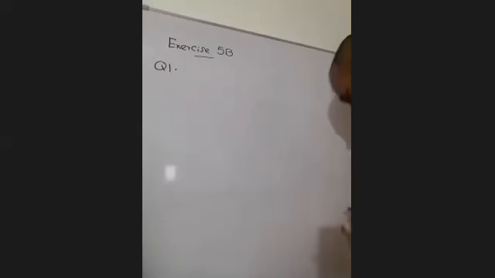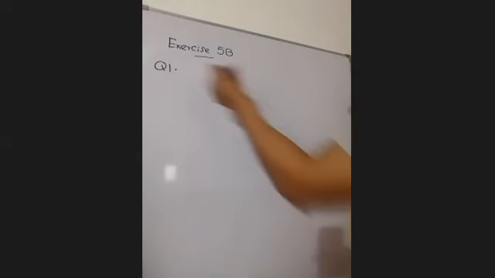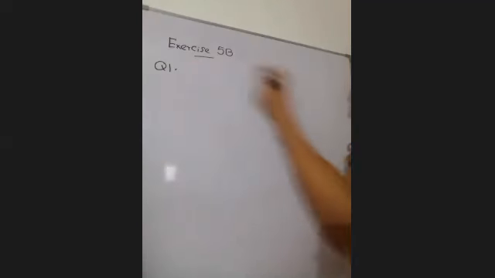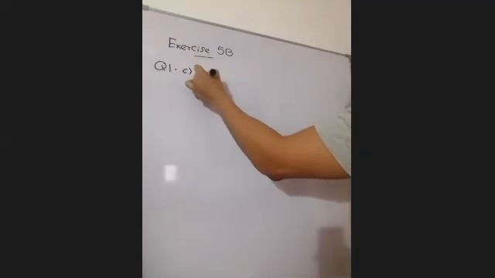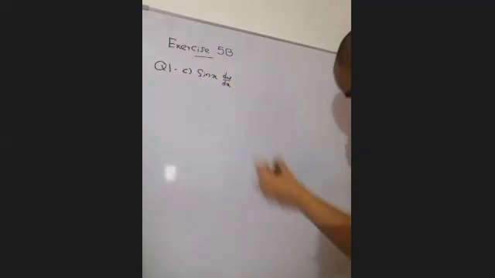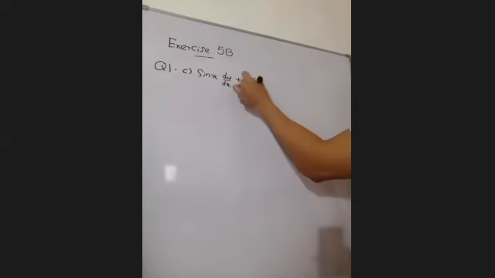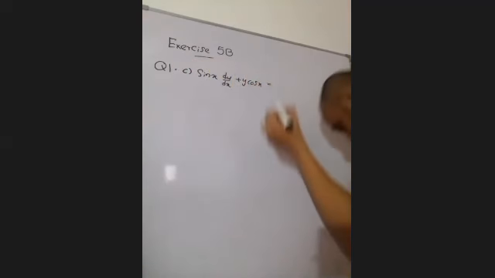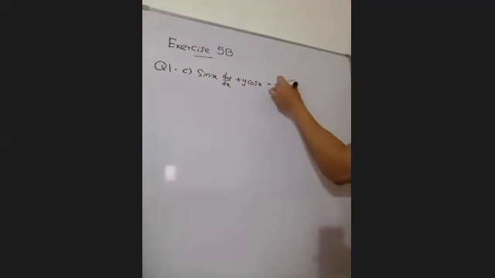Yes. Then the next thing is, I'll just do only one question today. I'll just take question number C. That is sin x dy by dx plus y cos x is equal to 3.